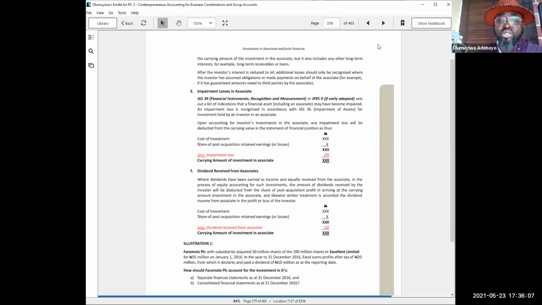And such obligations arise from the fact that 1, you might have guaranteed some of the obligations of the associate, and 2, you might have incurred some cost on behalf of the associate which you believe will be receivable from the associate. And in the event that such is not receivable, it then means that it's more or less an additional burden on you. Does that make sense to you now?